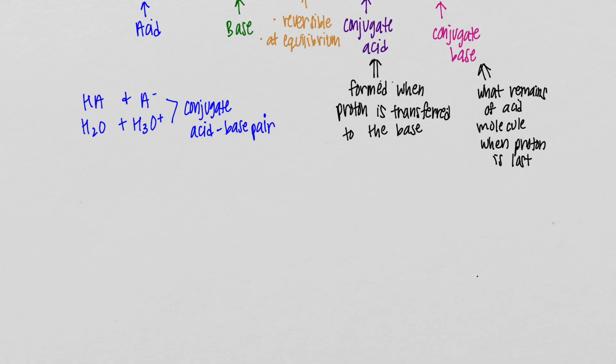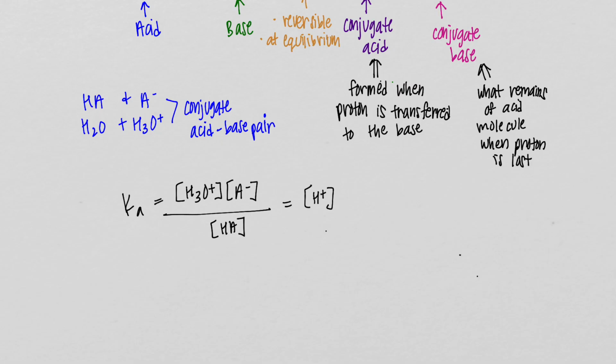So you're going to see this Ka equals H3O plus times A minus over HA, but then we simplify it to be H plus times A minus.